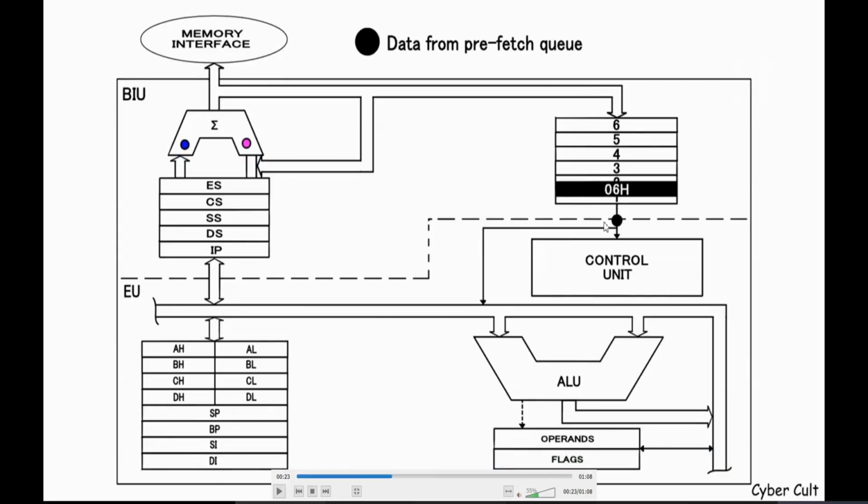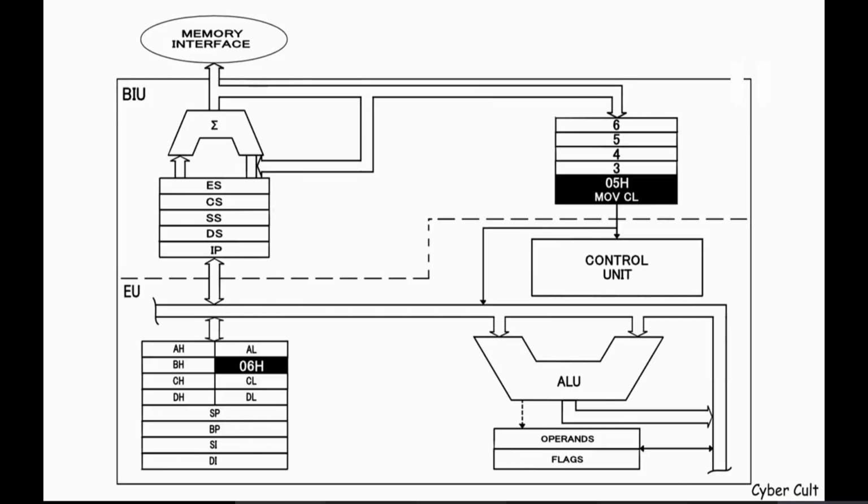Again, this black dot shows the movement of 06H from inside the queue to outside on the data bus, and where it is destined, it was destined to some register. It will be loaded into the register organization of this place.